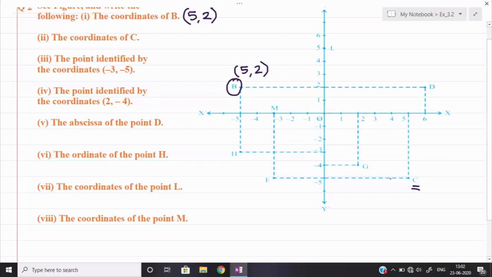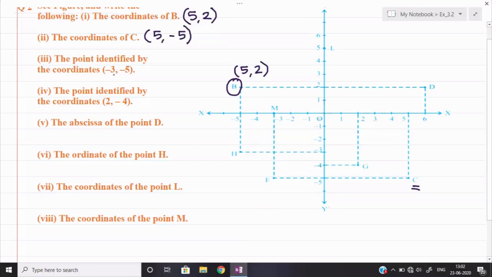The horizontal distance is equal to 5. You observe, if I go from this place to this place, this is equal to 5. And if I talk about the vertical distance, it is going down till -5. So I will write down first the horizontal distance, that is 5, and then the vertical distance, that is -5.